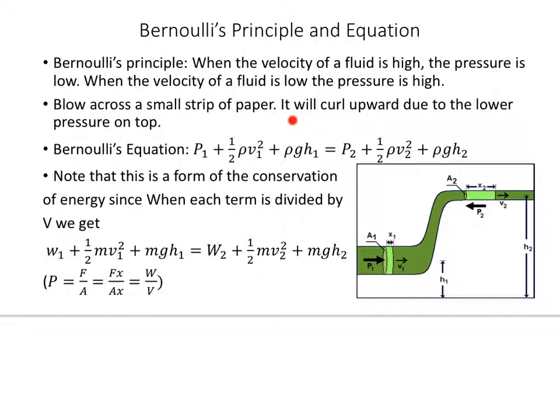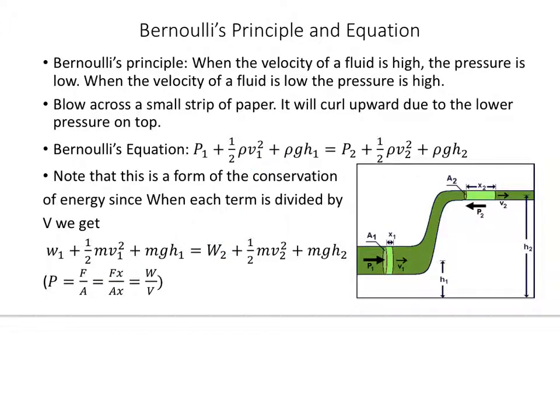Now this equation may look a bit complicated, but if you just look back over here, which is a restatement of the conservation of energy, if you take each one of these terms and divide it by volume, you're going to get this equation up here.